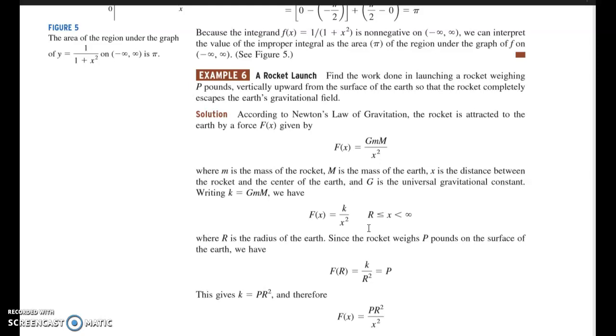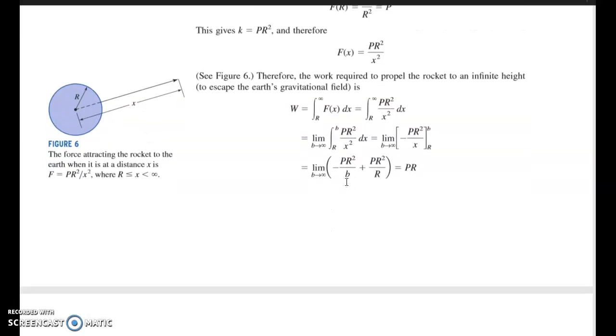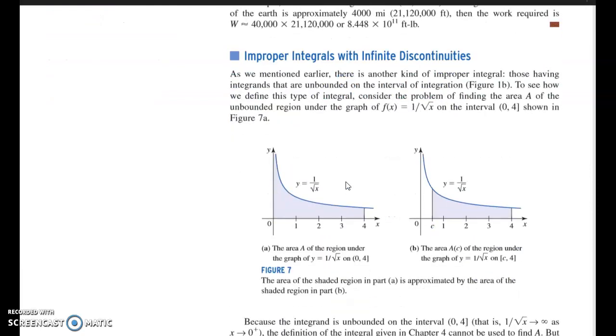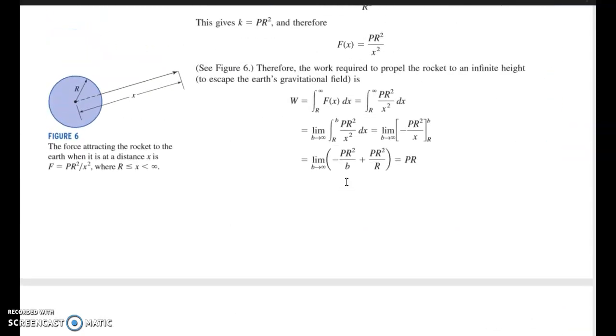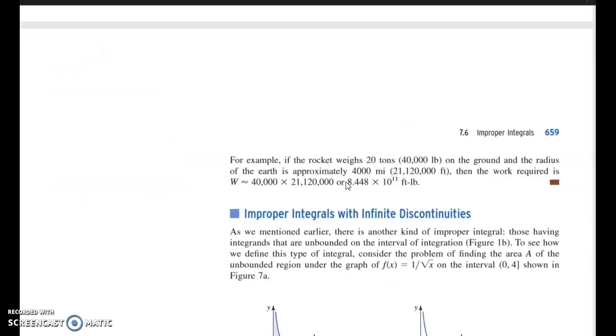So f of x equals k divided by x square. This is the function. Evaluate this. Do it please, and if you have any doubt, please ask me.